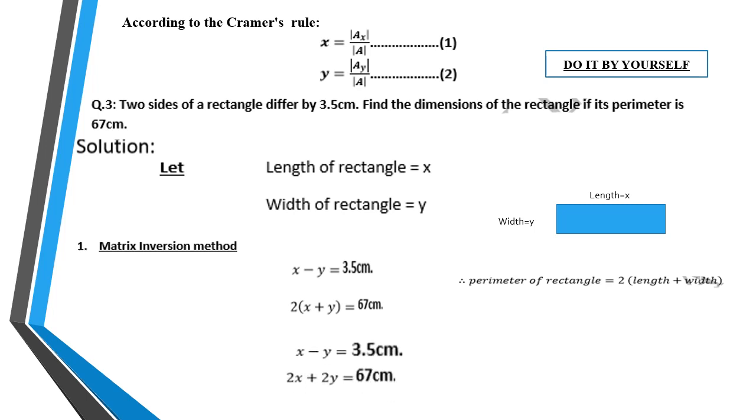Now the equations are x minus y is equal to 3.5 centimeter, and for the second equation you multiply 2 with x and y: 2x plus 2y is equal to 67 centimeter. This is equation number 2. Write into the matrix form.